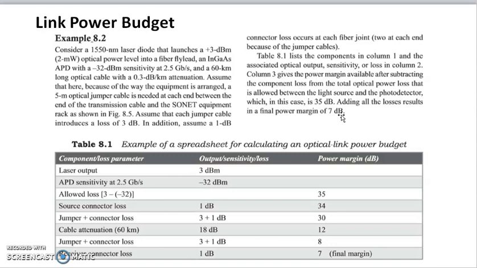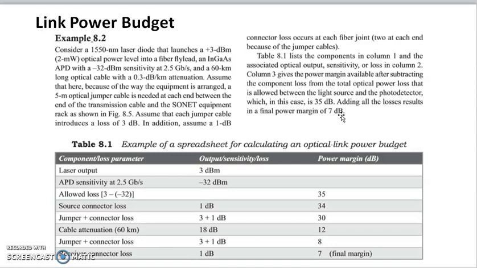Assume that, because of the way the equipment is arranged, a 5 meter optical jumper cable is needed at each end of the transmission cable. A total of 5 connectors is to be considered. So we find out the total length of the fiber, and accordingly we consider the connectors and all.